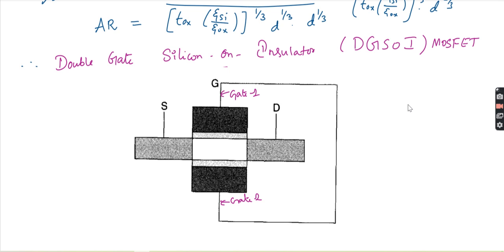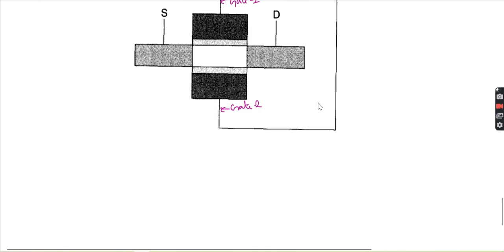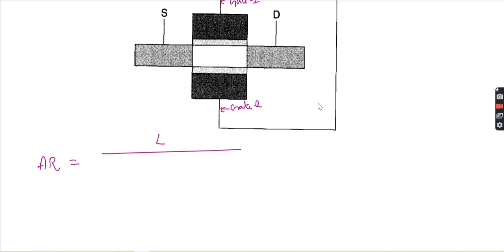When I have two different gates, what will be the aspect ratio? AR is equal to L divided by (T_ox times epsilon_Si divided by epsilon_ox), then the whole power 1 by 3.